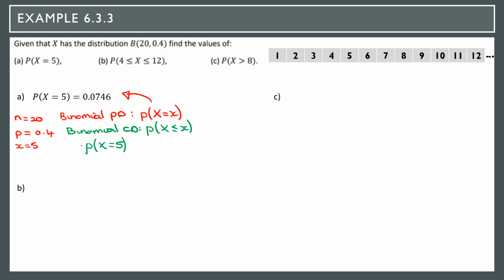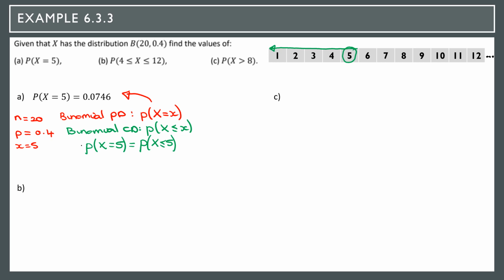I'm just going to use the number line at the top to help us. So we want the probability that x is equal to 5. If we want to use the CD function, at first we consider the probability that x is less than or equal to 5, so this will find us all of the individual probabilities up to and including 5.